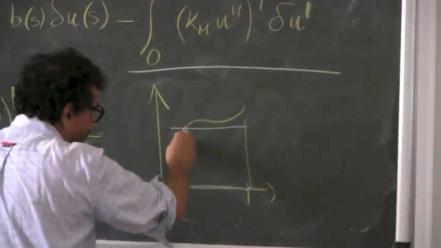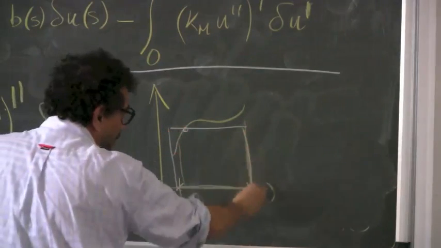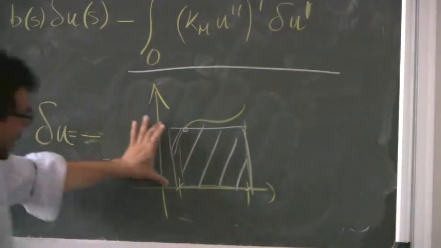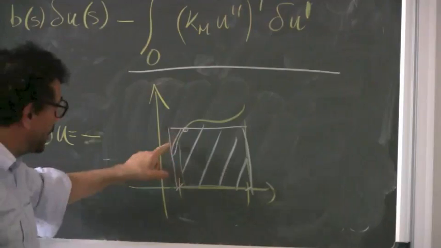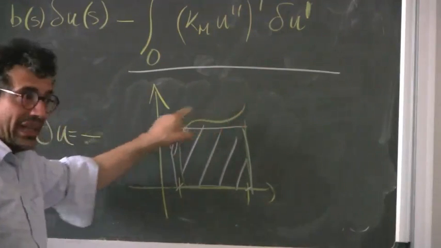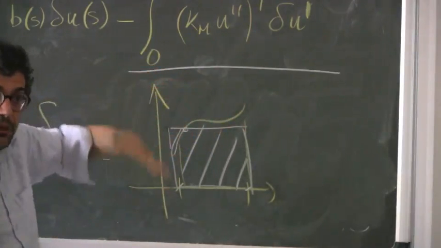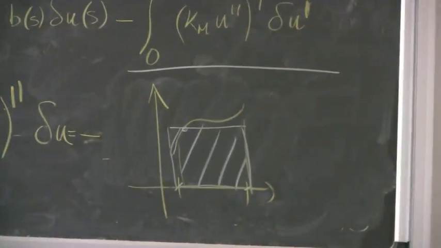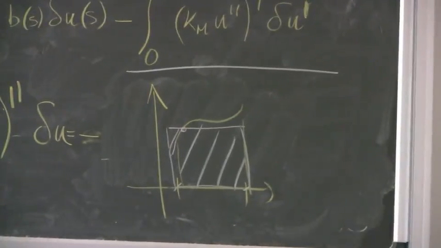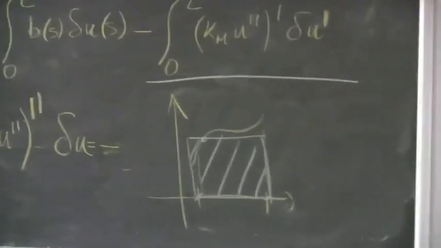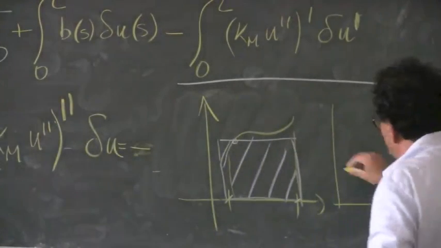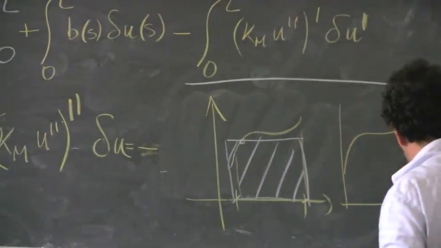So this area, the area of this rectangle, is equal to the area of the region under the graph of the function. So this is the theorem of equivalence of a rectangle to the area of a region under the graph of the function.